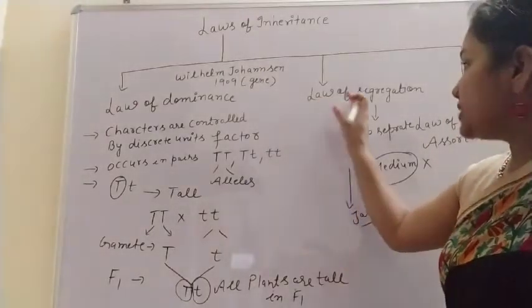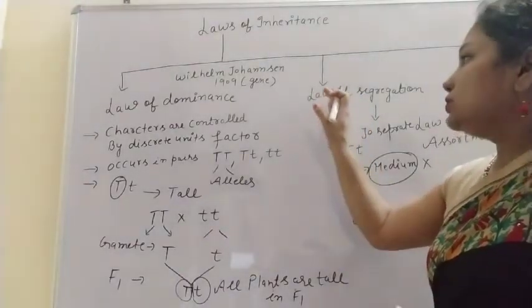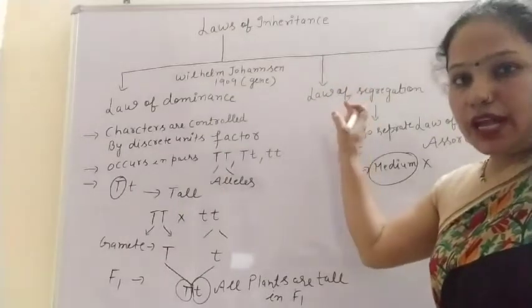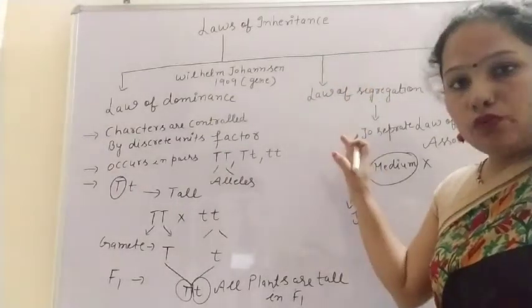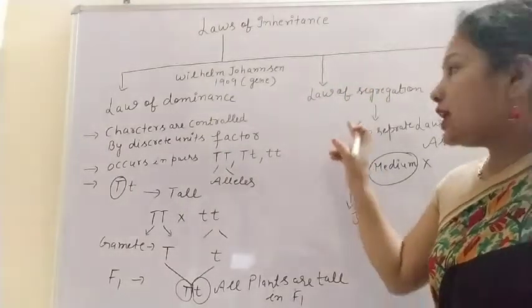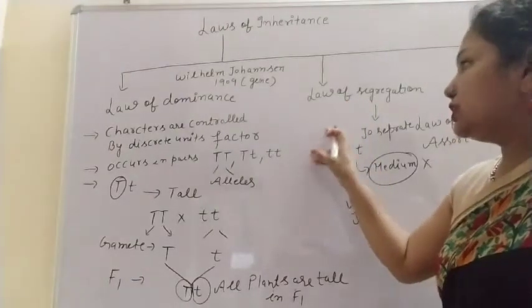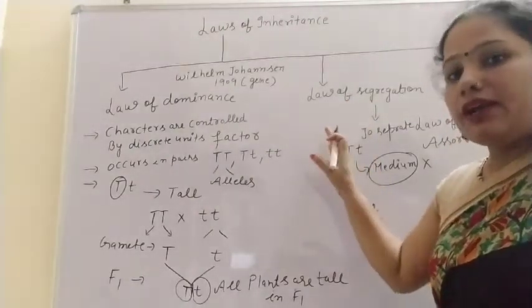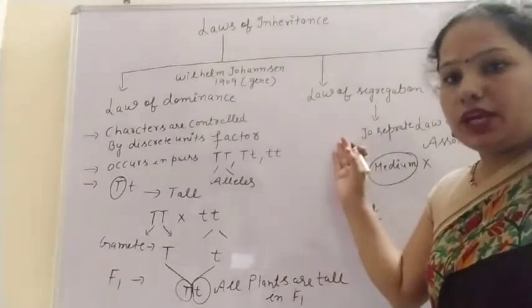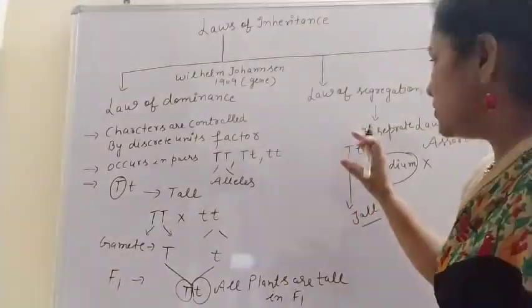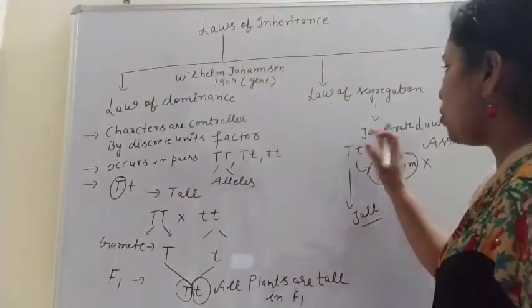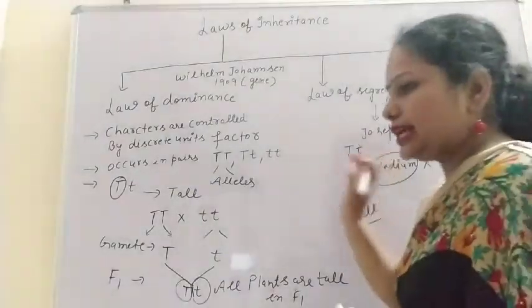So what is the law of segregation? We can say the law of segregation states that there are two factors for each character, and during gamete formation they separate, and again in the next generation they join. And this is also known as the law of purity of gametes.